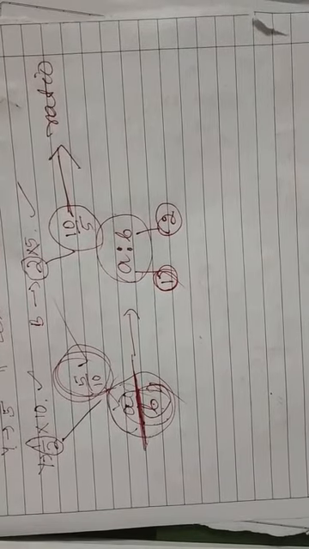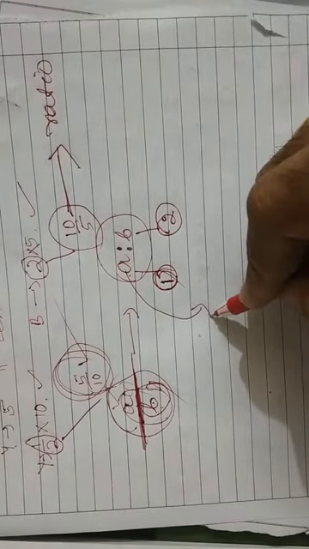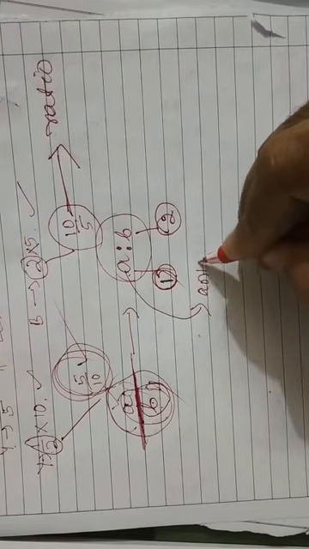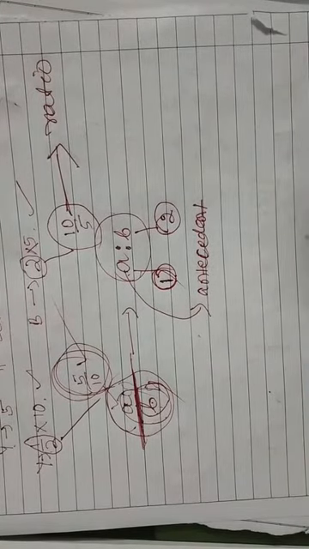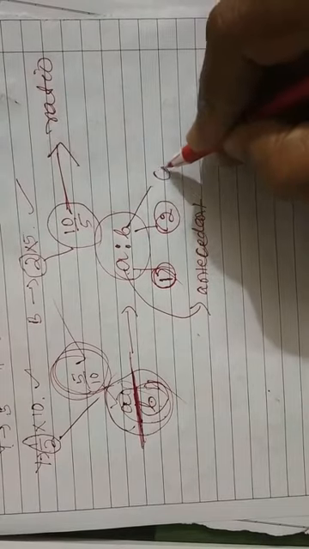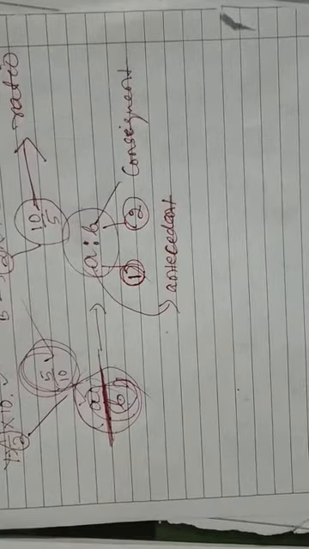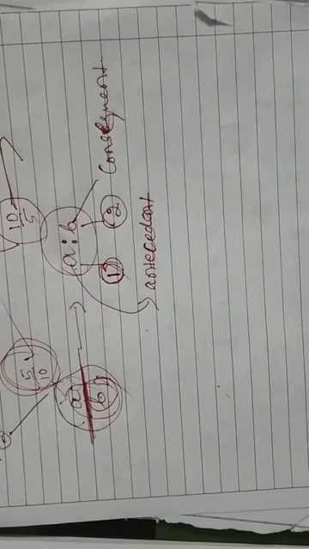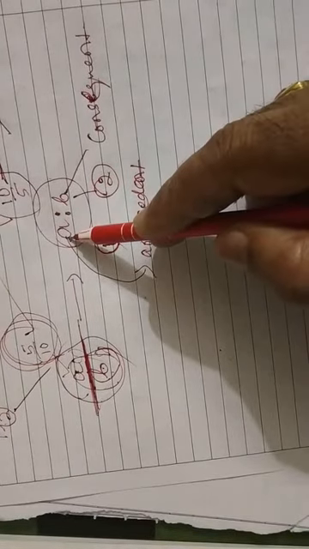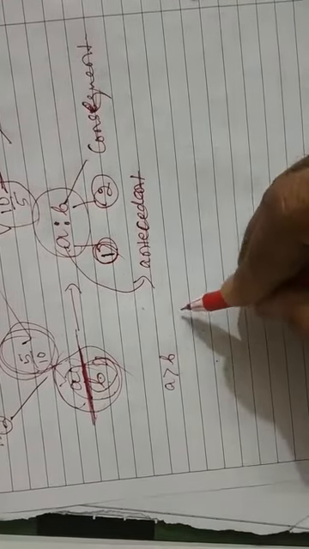We call the first one the antecedent, and the second one the consequent.